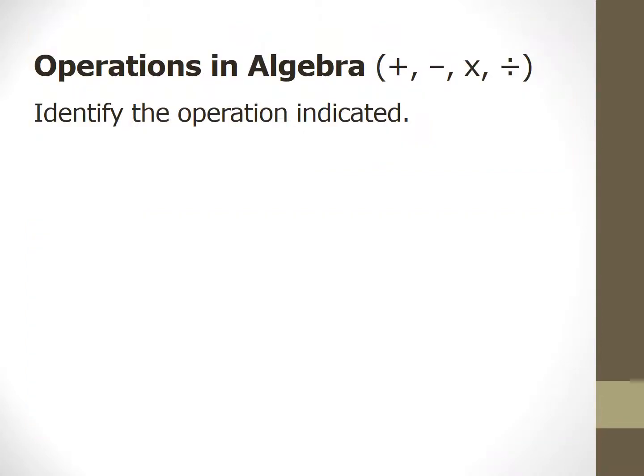Operations in algebra, we want to identify the operation indicated. So a lot of times mathematics will be presented to us not always in expression or equation form, but presented to us in verbal form, either spoken or written. So we have to read and be able to interpret what's being said. So when we see phrases like decreased by, what does that mean?